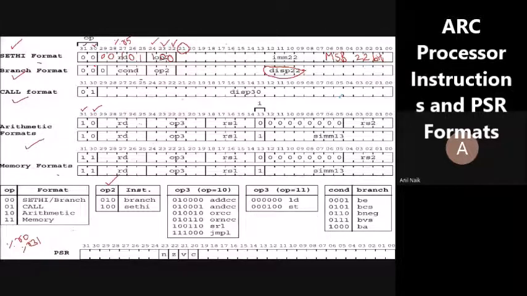Then arithmetic instruction: to add 2 numbers, we have the source register 1, and we get one more number in the source register 2, and after performing the addition we get the result in the destination register. And the OP3 field decides what the operation is: AND operation, ADD operation, or OR operation.